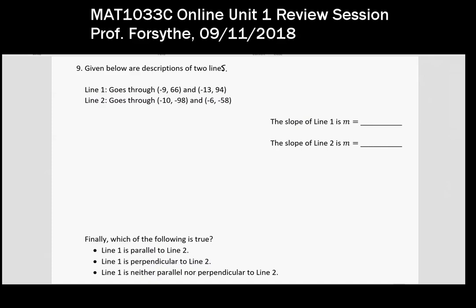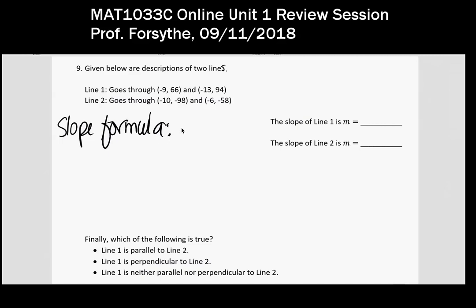Line number 2 goes through -10, -98, and then -6, -58. We want to determine first the slopes of each line. There is a formula to find the slope of a line given 2 points on the line. Keep in mind that on this test you cannot use a formula sheet, so you want to remember these formulas.